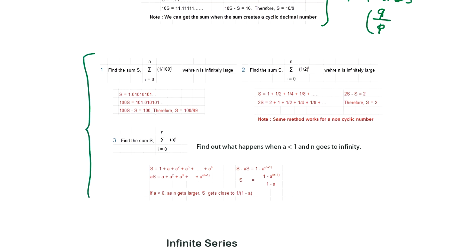You have learned this already before. If not, go through this. The red ink shows how to calculate it. So the basic general form is this one. That's how you convert a cyclic decimal number to a ratio of integers.